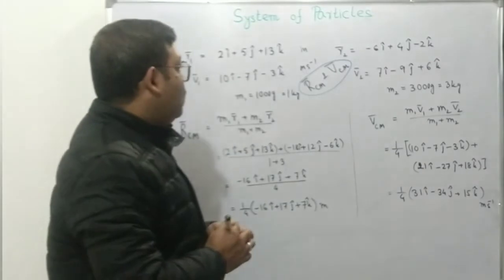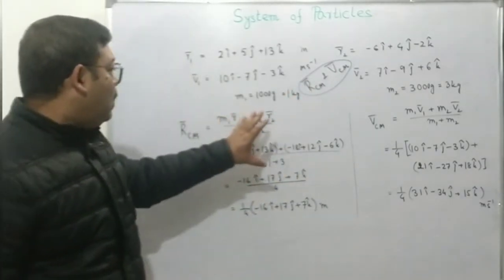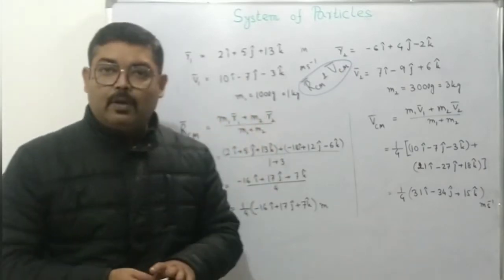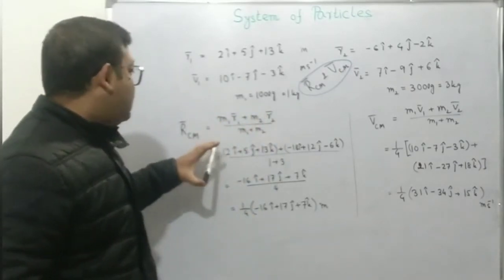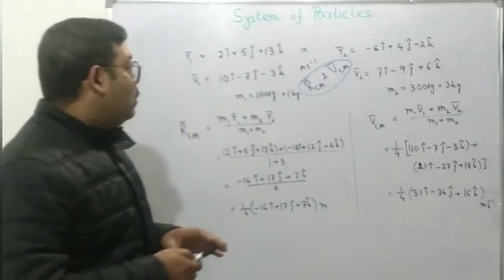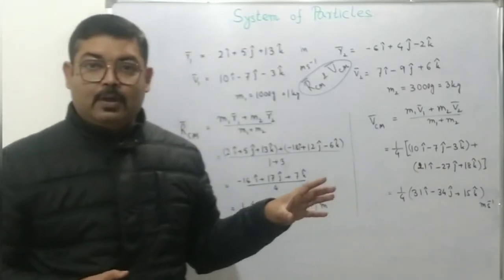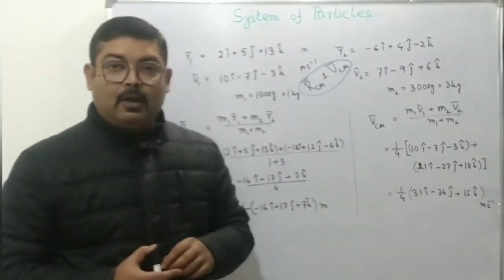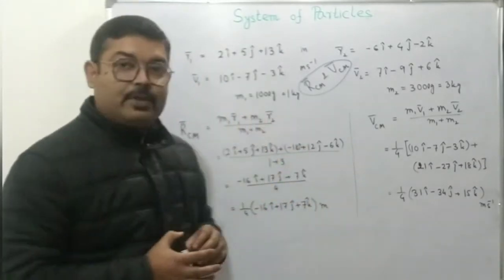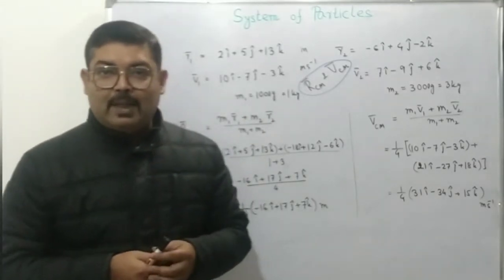Okay. So we have seen that we can simply or directly apply this particular formula of RCM for simple cases. However, more often than not, the systems of particles that we come across are not such discrete systems. More often than not, we get a continuous distribution of masses.